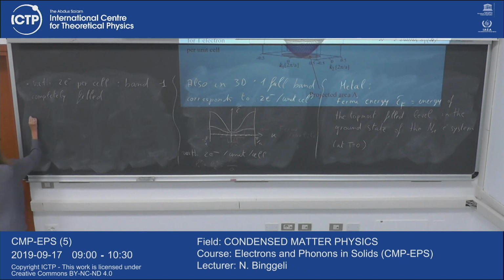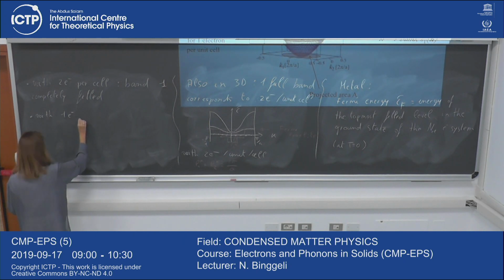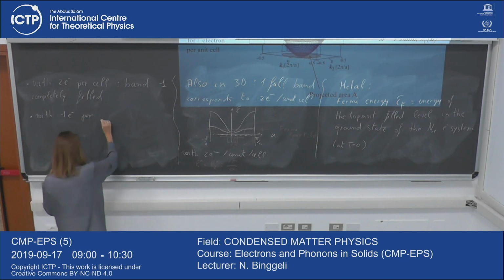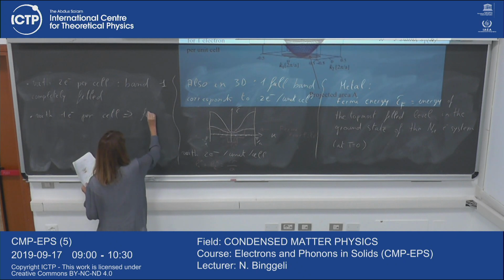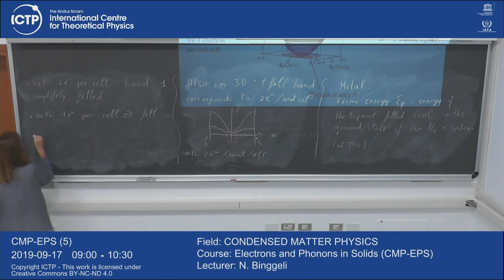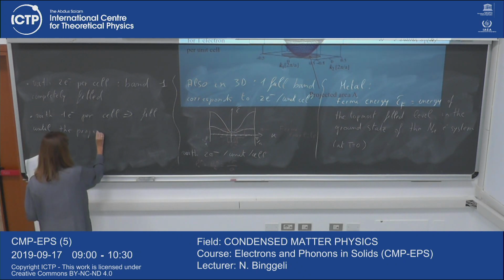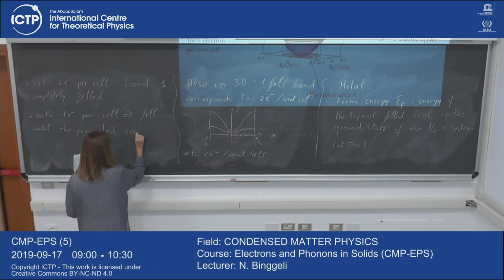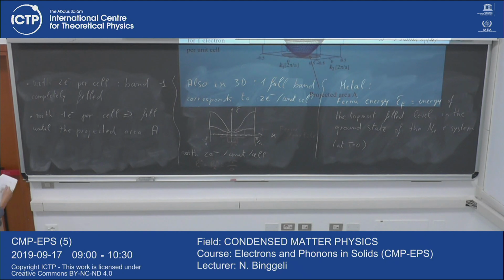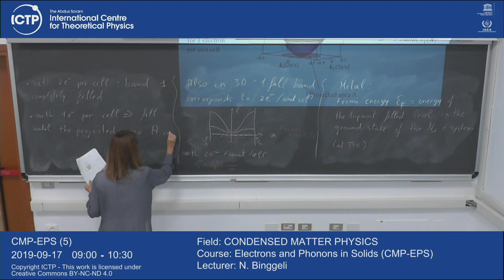And with 1 electron per unit cell, I have to fill my first band until the projected area, which was called A in my drawing, in the kx ky space.